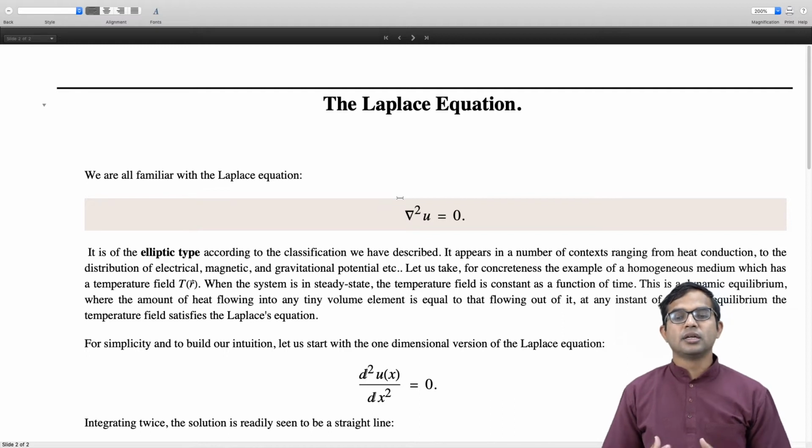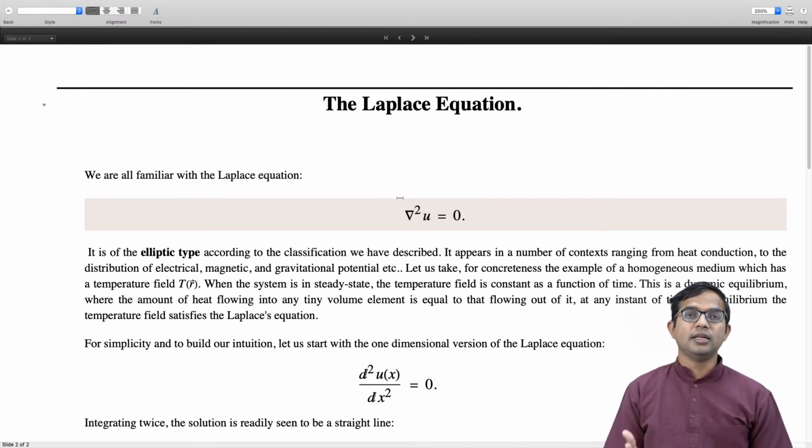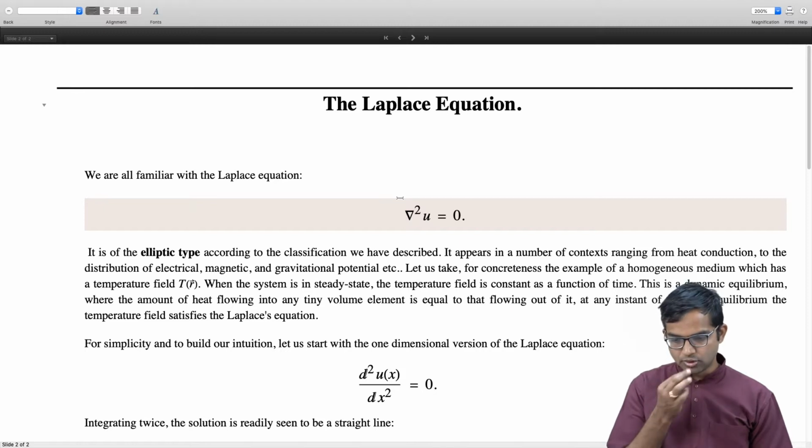So the point is that a kind of dynamic equilibrium is set up where the amount of heat flowing into some region is equal to the amount of heat flowing out of it. Therefore, the temperature at any point in space is going to be a constant as a function of time, and so that's going to be described by this Laplace equation, right? So if you're in 2D or if you're in 3D, it's a little more complicated.